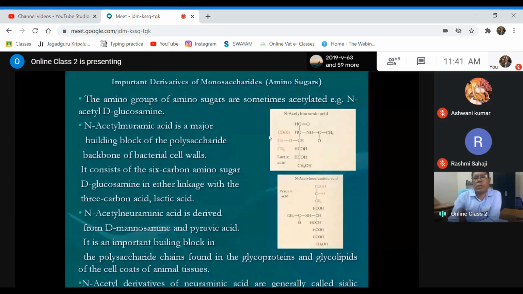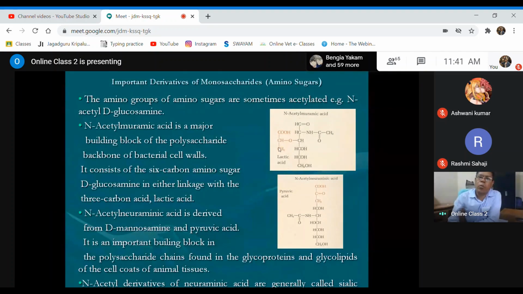If you don't consider this, and for the time being forget the acetyl group also, you have the glucosamine here. To the glucosamine, one acetyl group is linked to the amine group attached to carbon number 2, so it becomes the N-acetyl glucosamine. To this N-acetyl glucosamine, another lactic acid is linked to carbon number 3, through the OH group attached to carbon number 3.